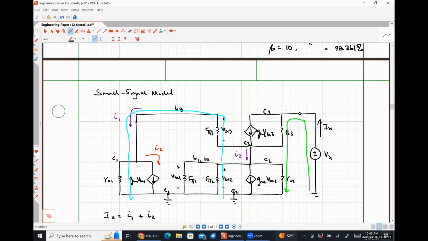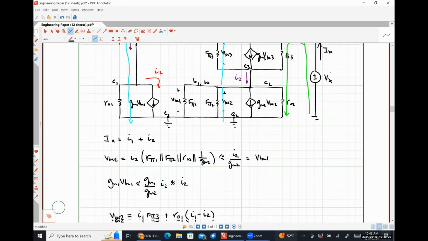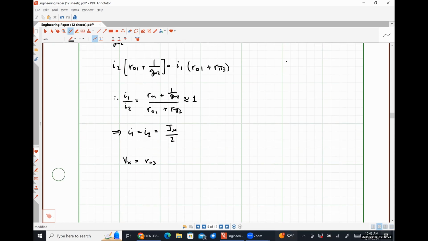That's going to be our current IX minus GM3 VBE3, plus voltage VBE2.